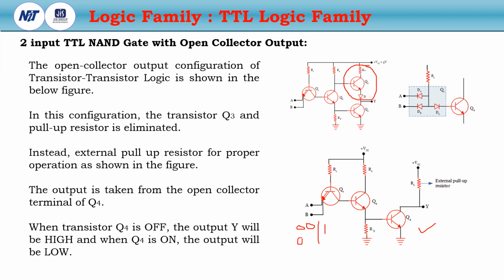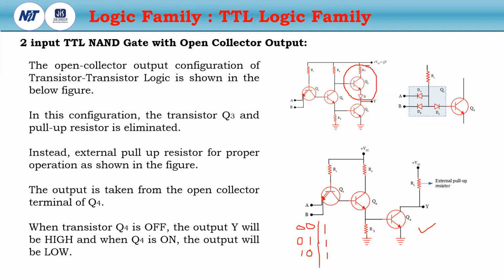So if this is 0, 1, any one of the diodes DA and DB will be turned on, then the current will flow through either DA or DB. So Q2 will be off. If Q2 is off, then Q4 will be off. So Y will be 1.